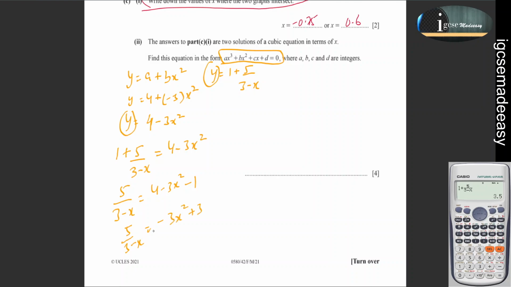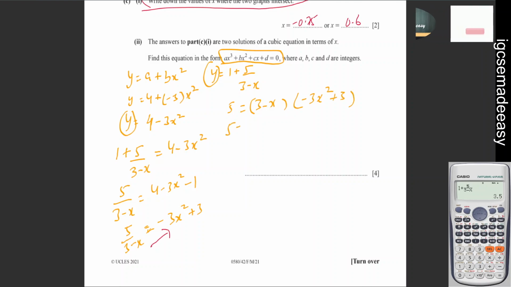Now let's cross multiply this one. I'll be cross multiplying this 3 minus x towards that side, so we'll have 5 equals 3 minus x taken over to the right hand side with cross multiplication, times minus 3x square plus 3.